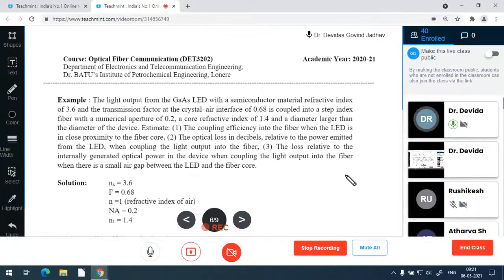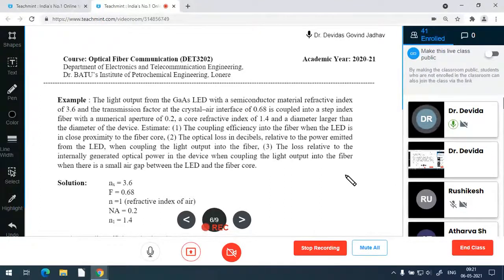The transmission factor at the crystal-air interface is 0.68, that means F is 0.68. It is coupled into a step index fiber with numerical aperture 0.2, NA is 0.2. And F is given for the crystal-air interface, therefore N, the refractive index of the medium in which the light is emitted, is air. N is 1.